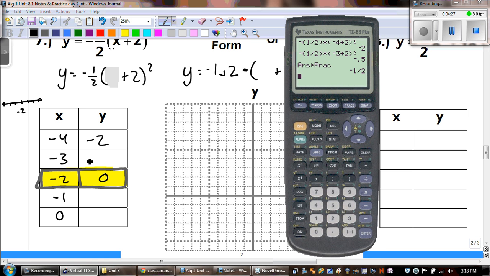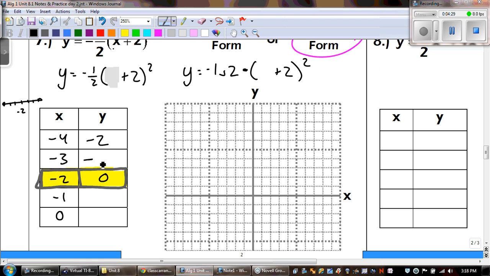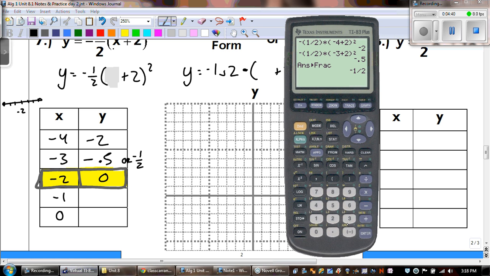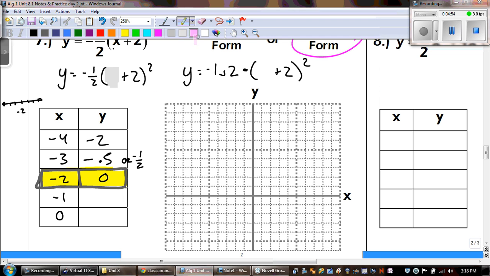Okay? So I'm going to write that this is -0.5 or -1/2. Okay, and it says that my vertex is 0, but I want to find out for sure. So -1/2, my fraction, times (-2 plus 2) squared. Yay! It's right. Okay, now we know that those 2 points match and those 2 points match.